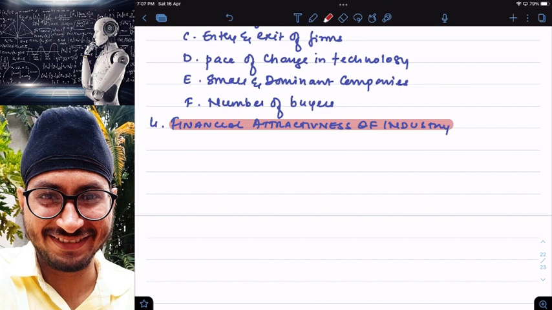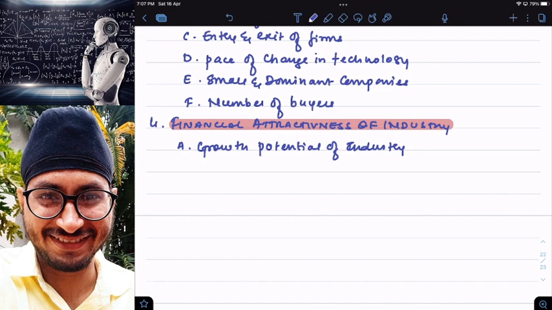Number one, growth potential of industry. Financial attractiveness depends upon growth potential of the industry. If the industry's future is bright, then it is financially attractive.